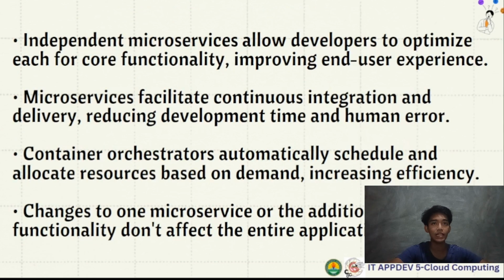The next one is independent microservices allow developers to optimize each for core functionality, improve end user experience, and empowers developers to optimize each for specific core functionalities, enhancing the end user experience through tailored and efficient microservices. Microservices facilitate continuous integration and delivery, reducing development time and human error.